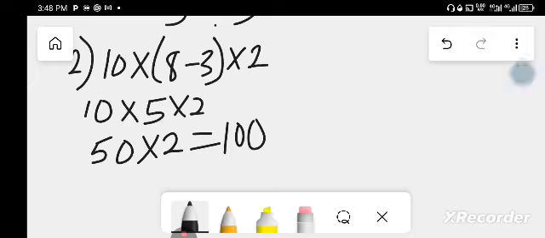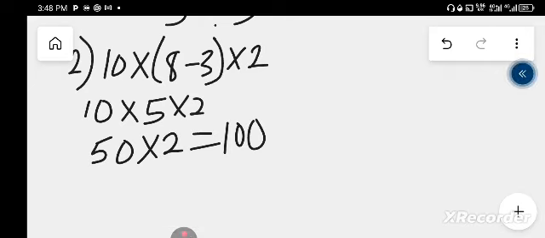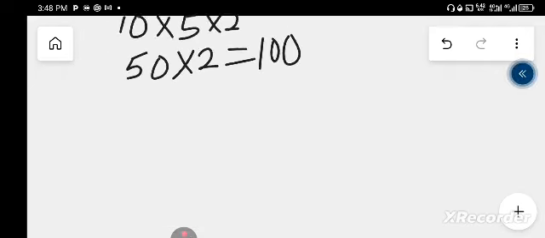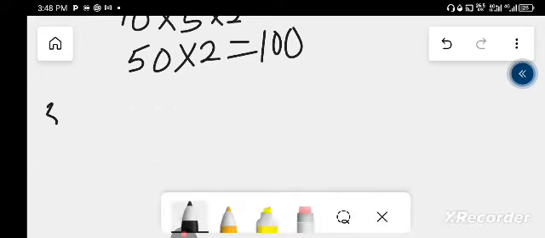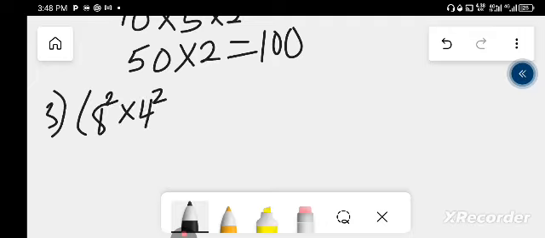Let me give you one more example, another question that is more complicated. Number 3, let's say we have, open the bracket, 8 raised to power 2, multiply by 4 raised to power 2, then close your bracket, multiply by square root of 36.